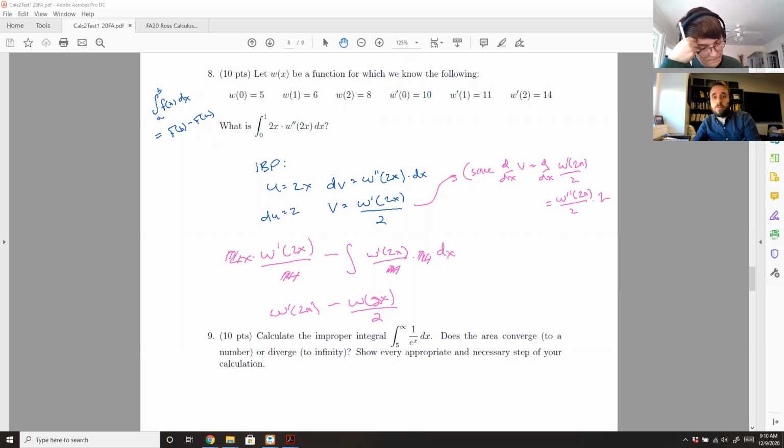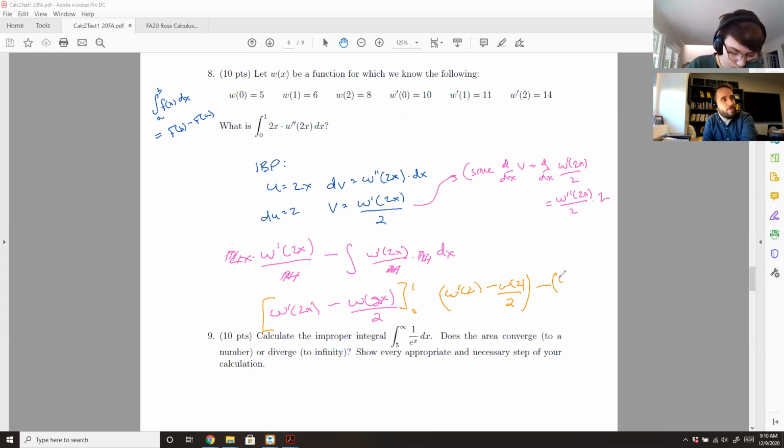So our goal, right, we found this antiderivative, and now we want to plug in 0 and 1. And so we end up getting that this is equal to w prime of 2 times 1, so w prime of 2 minus w of 2 over 2. That's what we got when we plugged in x equals 1, and then minus w prime of 0 minus w of 0 over 2.